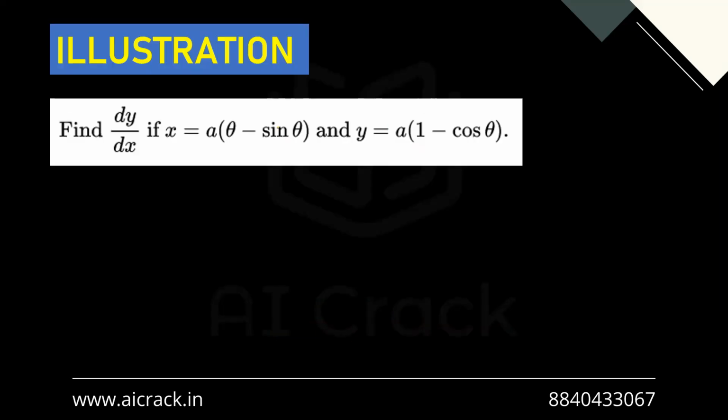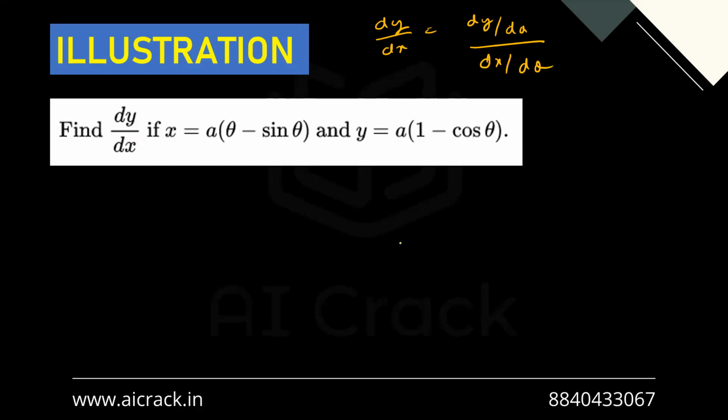And now let's solve this question. Find dy by dx if x equals to a times theta minus sine theta and y equals to a times 1 minus cos theta. Now both x and y are given in terms of a parameter theta, and we have to calculate dy by dx. Now dy by dx can be written as dy by d theta divided by dx by d theta.